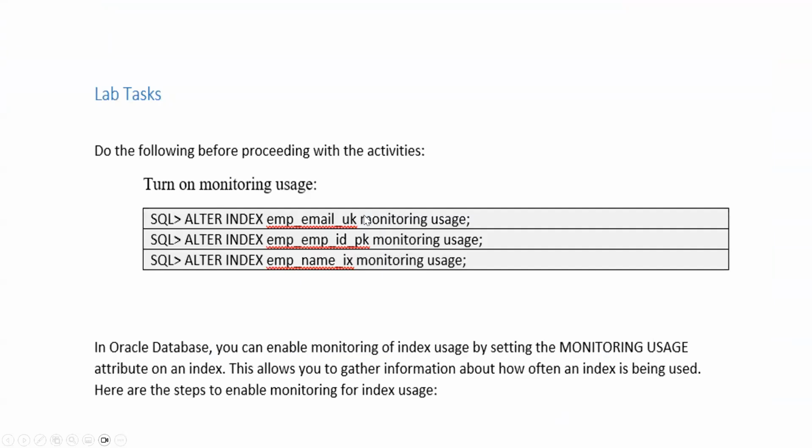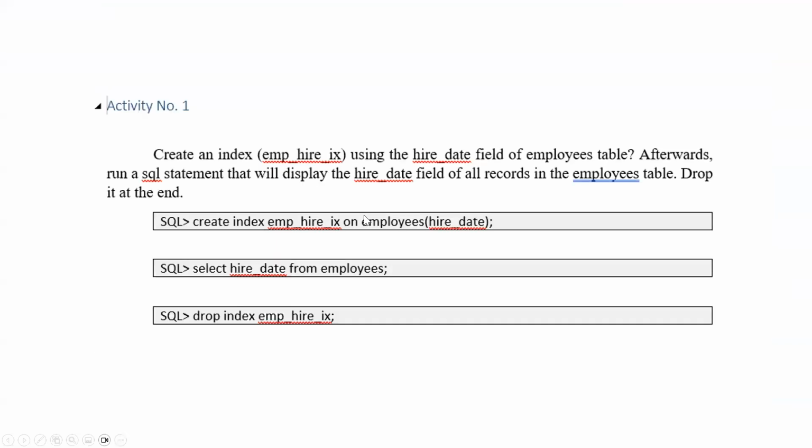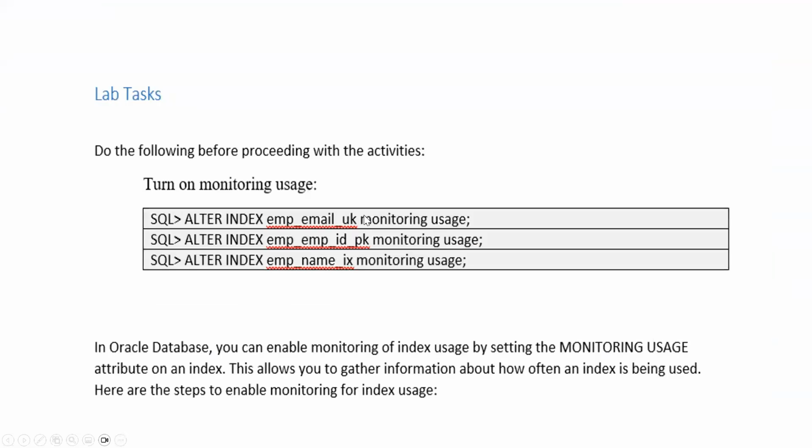Now the lab task. You are supposed to switch on the monitoring on 3 indexes: EMP_EMAIL_UK, EMP_ID_PK, EMP_NAME_IX. So set the monitoring usage on for all of them by using the SQL commands given below, which say ALTER INDEX, EMP_NAME_IX, the name of the index, and then MONITORING USAGE.